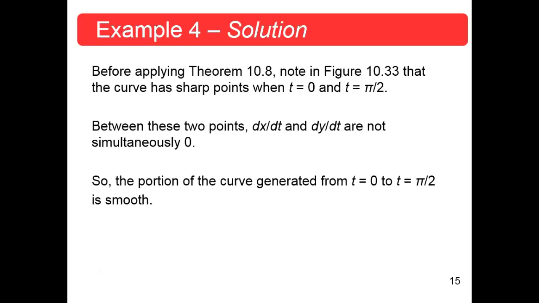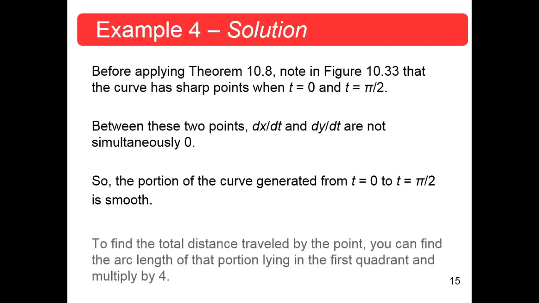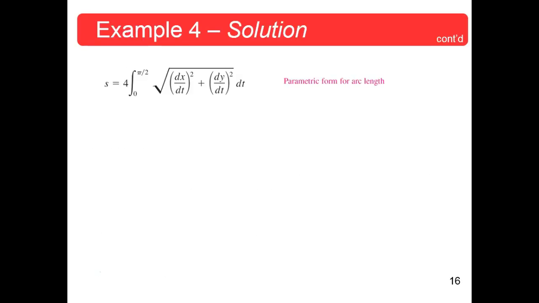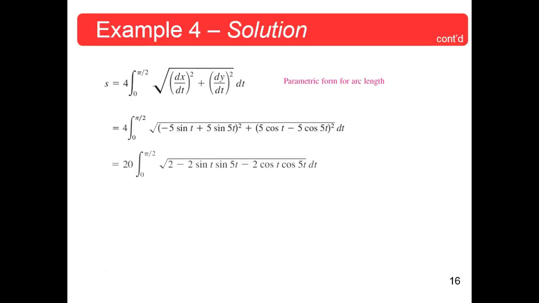So the portion of the curve generated from t equals 0 to t equal pi halves is smooth. And to find the total distance traveled, you can do the arc length from that portion in the first quadrant, multiply it by 4. And that gives you this, which is exactly what we got. Okay? Now, then you did that, and they found what the first derivative was, just like we did, and the first derivative of the second one, just like we did.